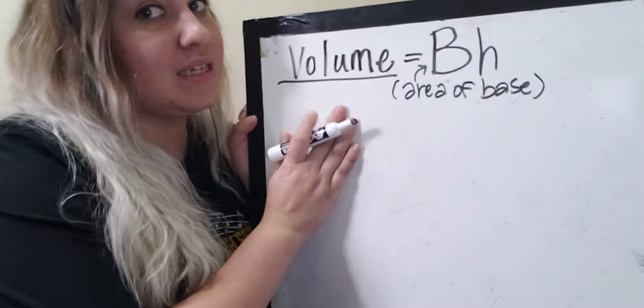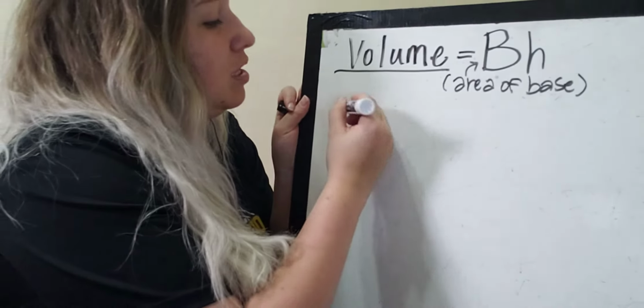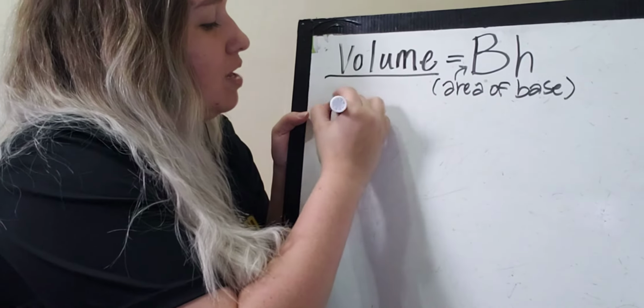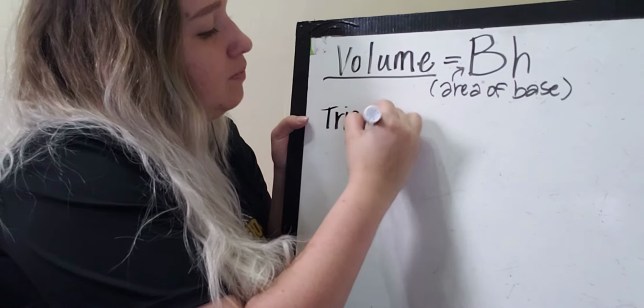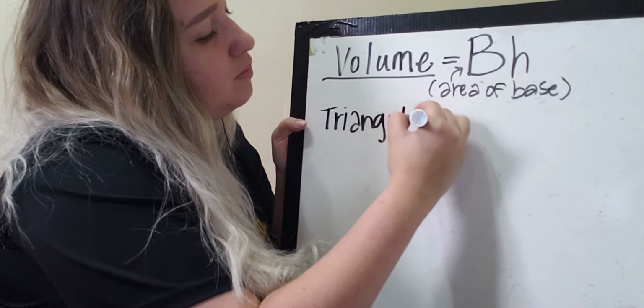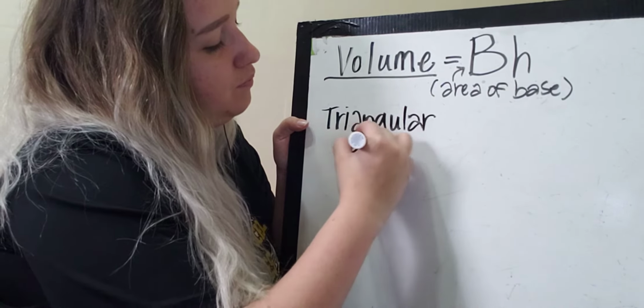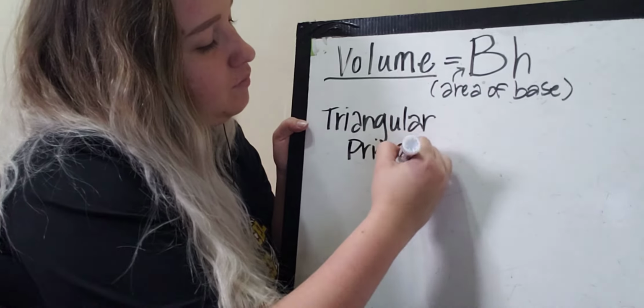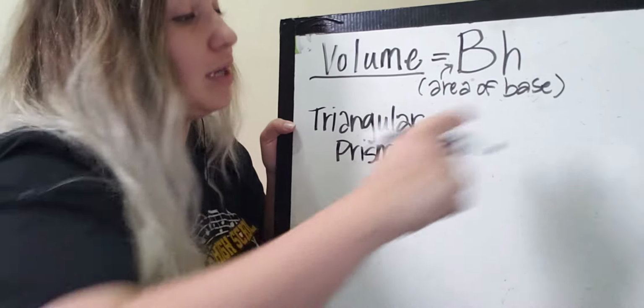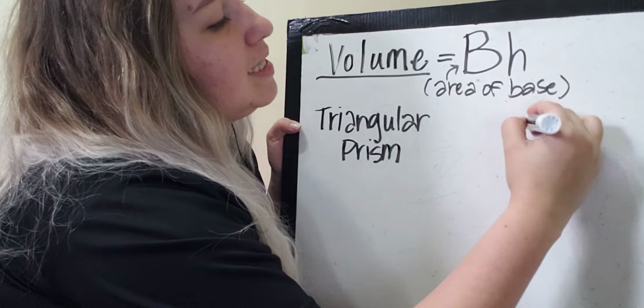Okay, today we are still talking volume, but we're going to do a triangular prism, that's one that we're going to do, and we're also going to do a cylinder.